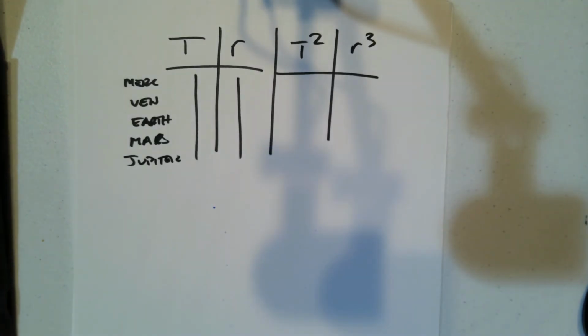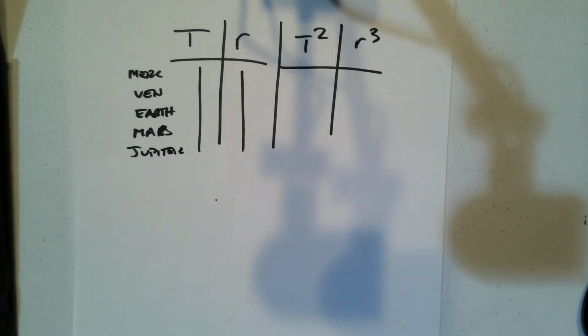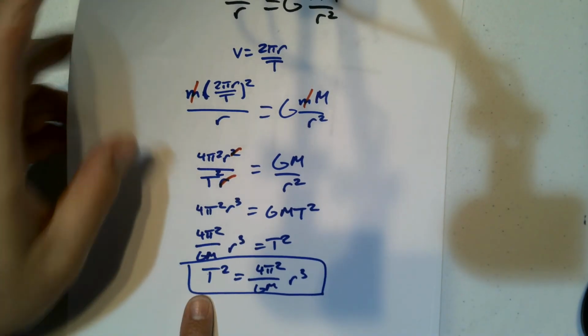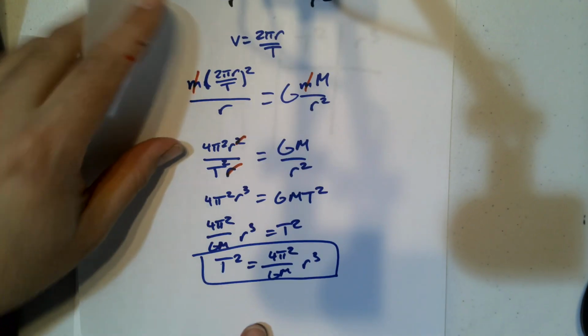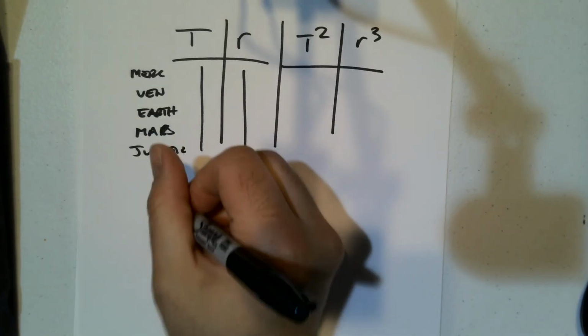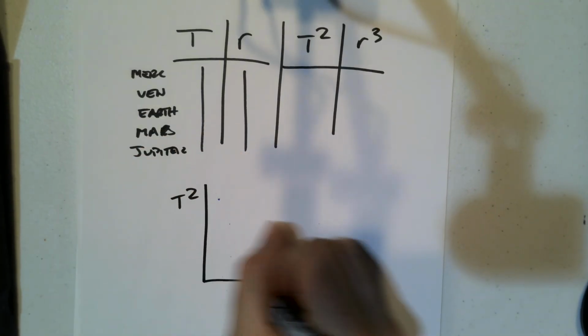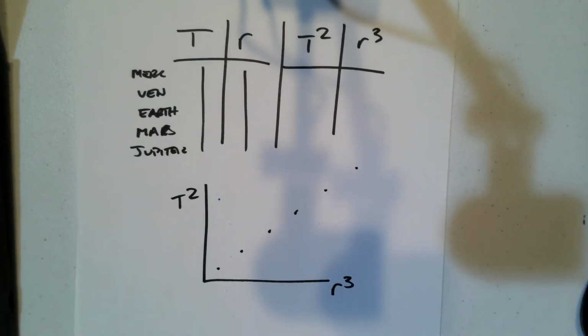And then when we do that, because the relationship is t squared equals 4 pi squared over GM times r cubed, if we make this our y data and this our x data in that plot, it's going to look like this. And your data points all of a sudden become nice and linear.